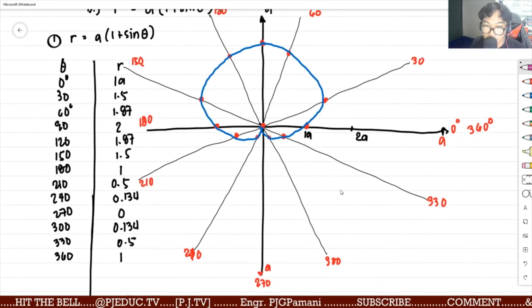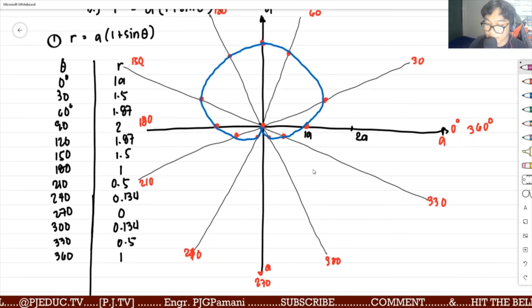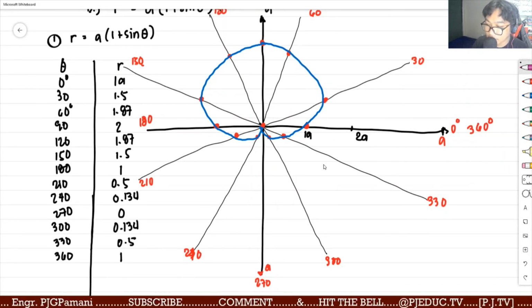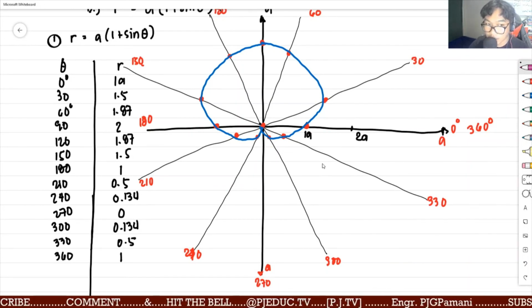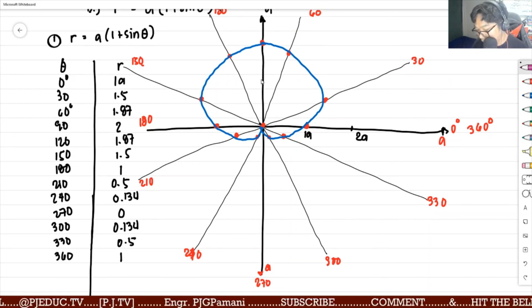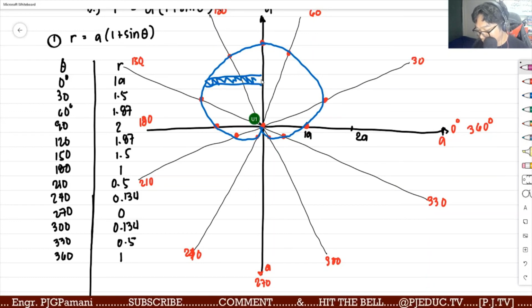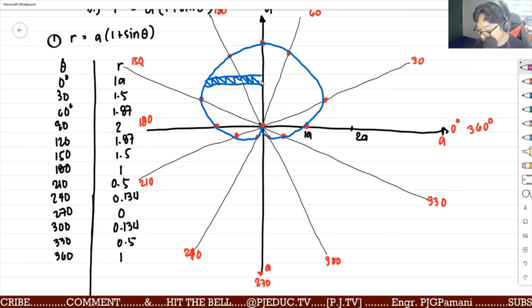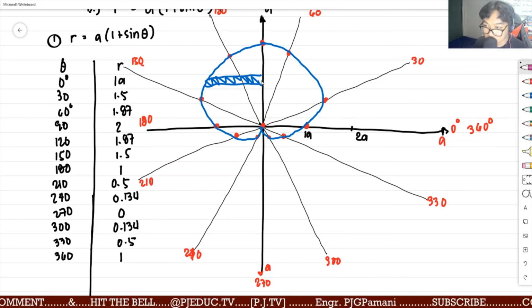Marami pa yan. Meron pang clover. Meron pang heart. Meron pang basta marami yan. Flower. Tapos area dissected. So forth and so on. Then area bounded by this polar curve. Ikaw nang bahala kung dito mo kukunin sa side na yan. So ang limits mo is from 90 degrees to 270 degrees.